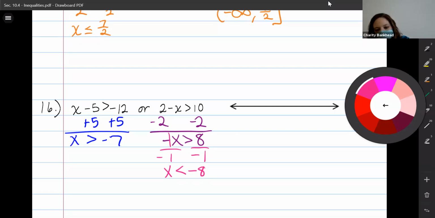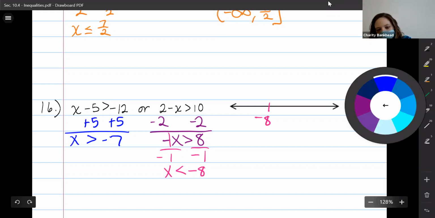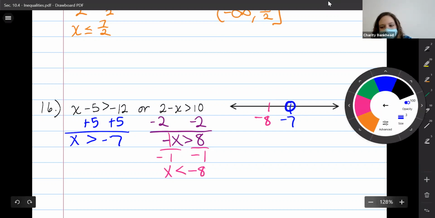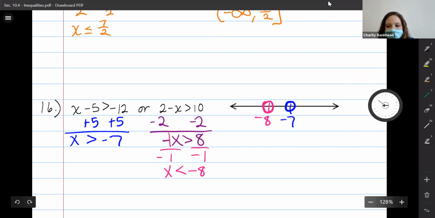Again, let's make sure that we put these in the right order. -8 is smaller than -7. So -8 is to the left of where -7 is. They're both going to have open circles. Okay, so x is greater than -7.